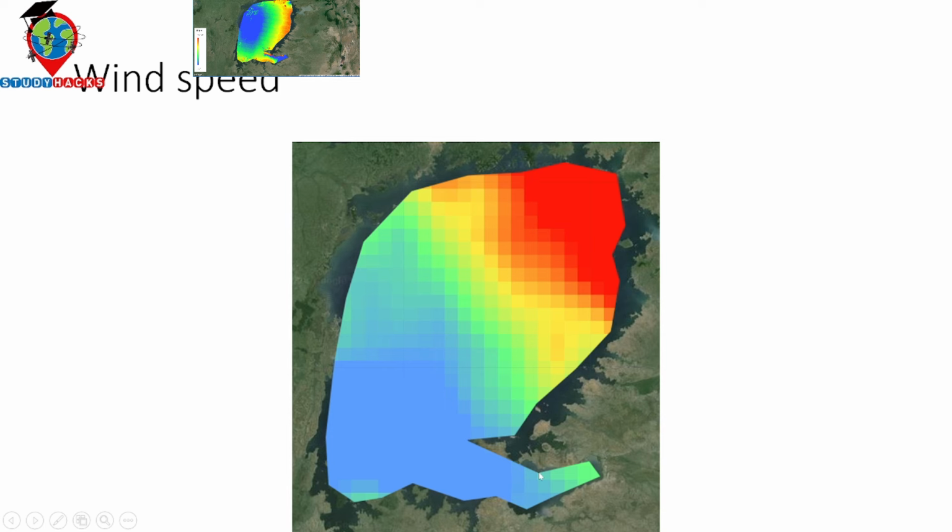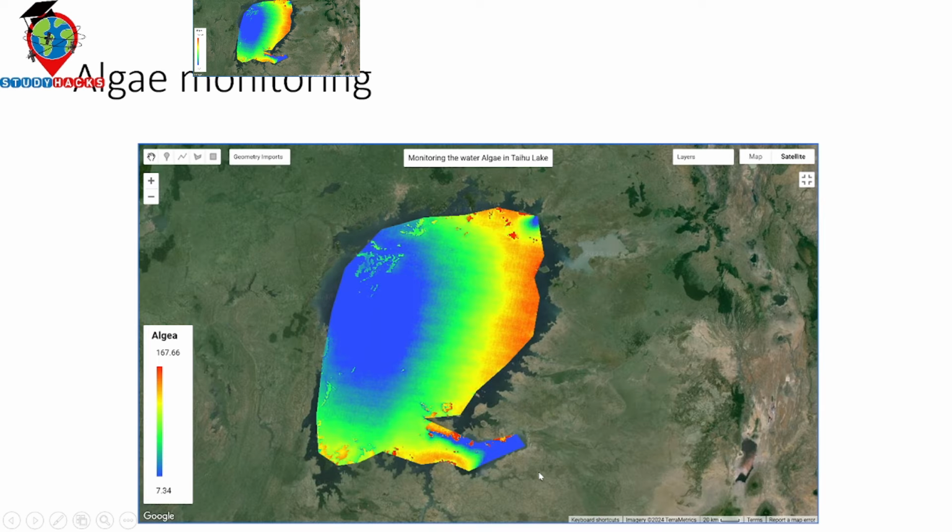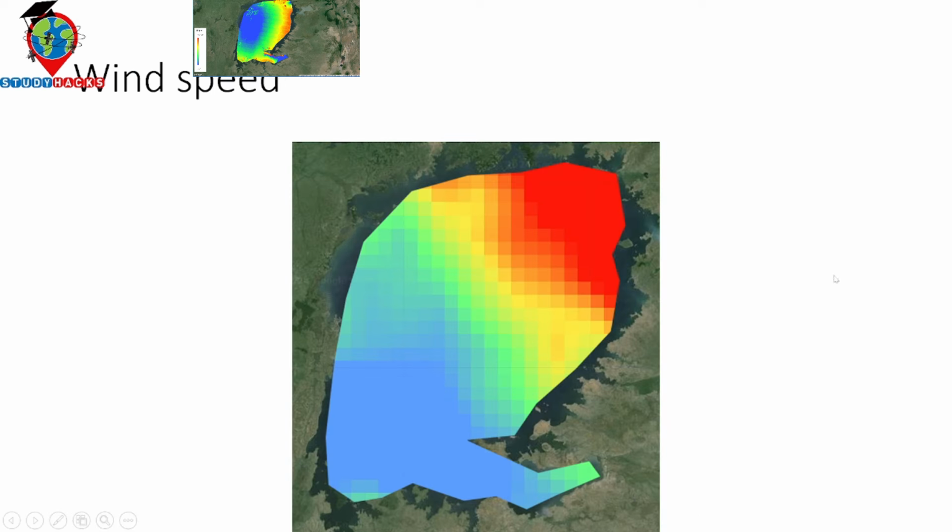We also make the wind speed map and the algae map. Further, we try to compare where the wind speed is high. What is the situation of the algae where we find high wind speed, or where the wind speed is low?